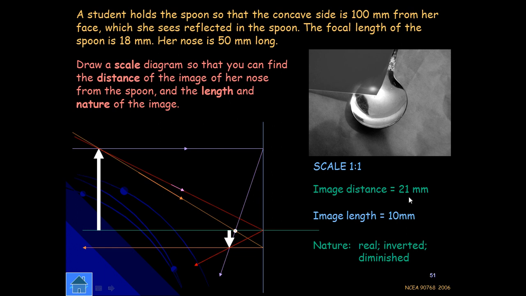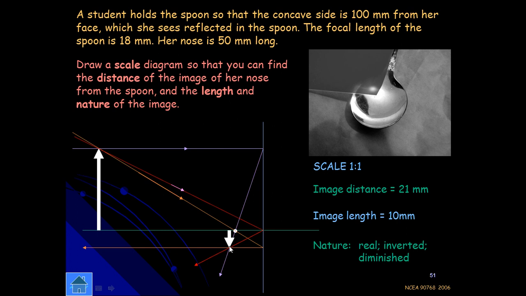So we've been told it's 21 millimeters, because we can measure these things, and what we can do is draw this line in here and bring this straight through the focal point, and the next line we put in is this red line here, and we find the image.